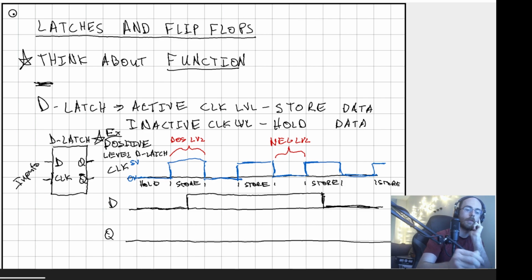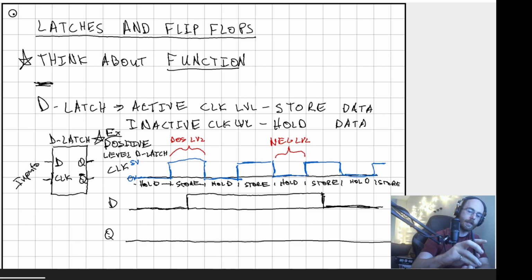So we hold, we hold, we hold, and we hold, right? So for this period of time, we're going to hold. Then we store, which means we'll copy the data. We'll take whatever data is in D and store it into our memory element. That'll make it the output. Then we hold it. Then we store again, and we hold again.